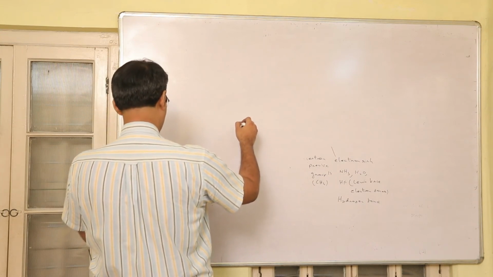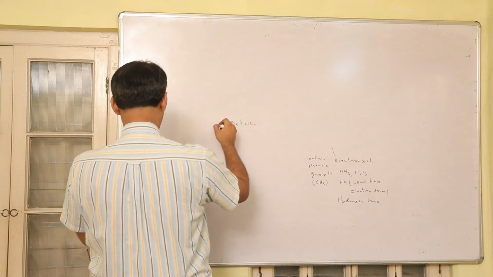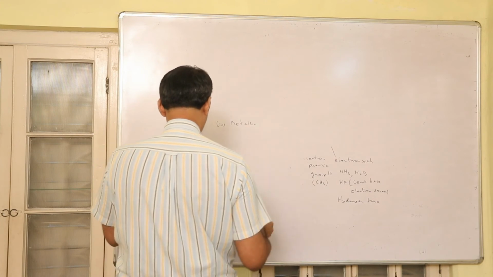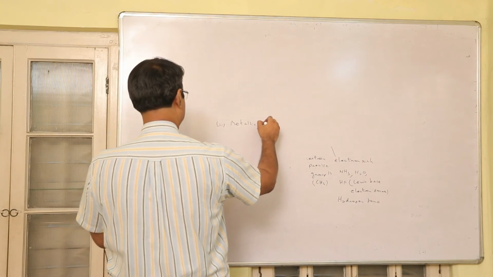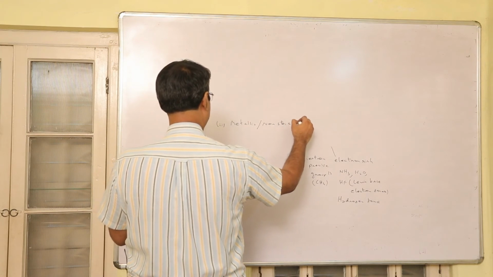Next we come to metallic hydrides, the third type of hydride. Now metallic hydrides are also called non-stoichiometric hydrides.